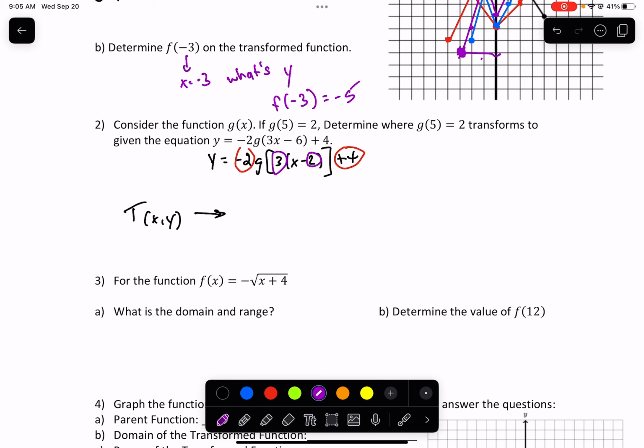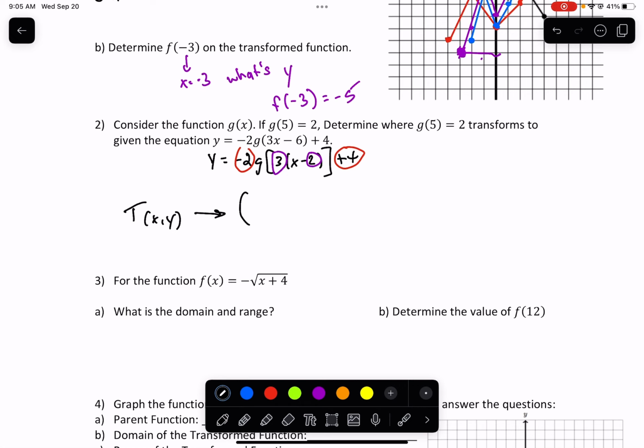And anything on the outside is going to be your y, stuff that affects the y values. So if I were to write the mapping statement for this, it would be the transformation of an original point x, y. The way we are going to transform that point is with the mapping statement, which is what we're going to write here.